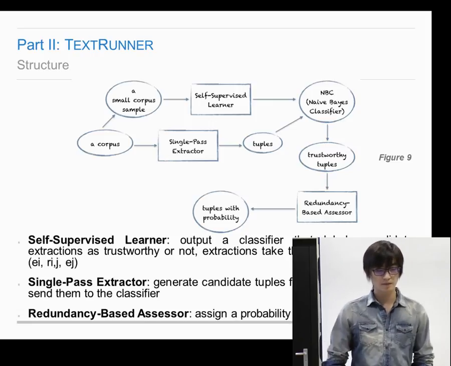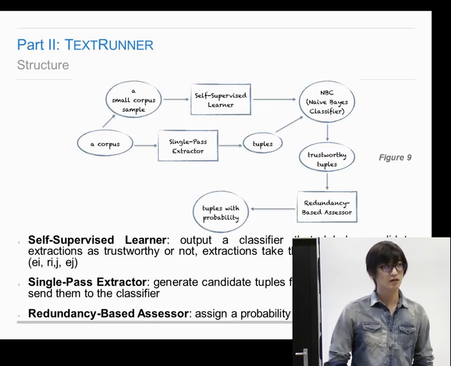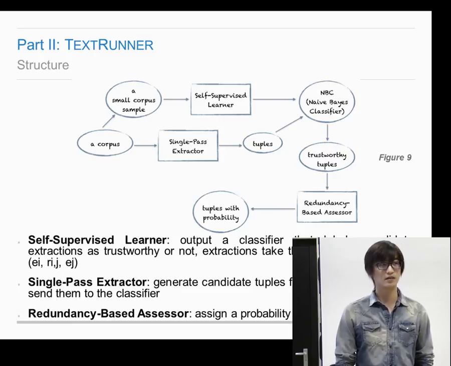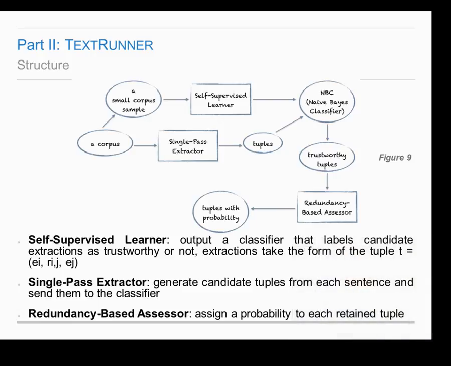At the same time, the single-pass extractor extracts some tuples from the corpus and sends the tuples to the Naive Bayes classifier, and the classifier will label the tuples as trustworthy or not. If it isn't, we will ignore it, and we only pay attention to the trustworthy ones. The trustworthy ones will be sent to the redundancy-based assessor, and this module will calculate the probability for each tuple.